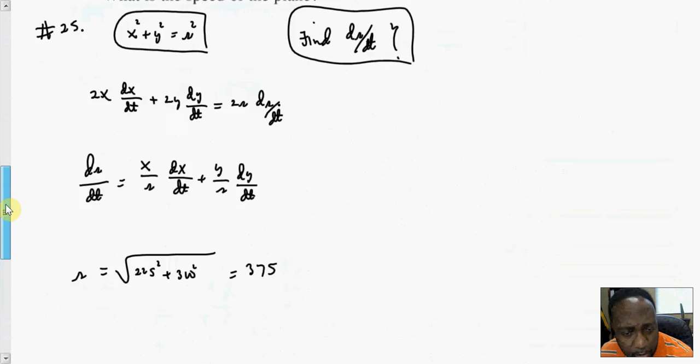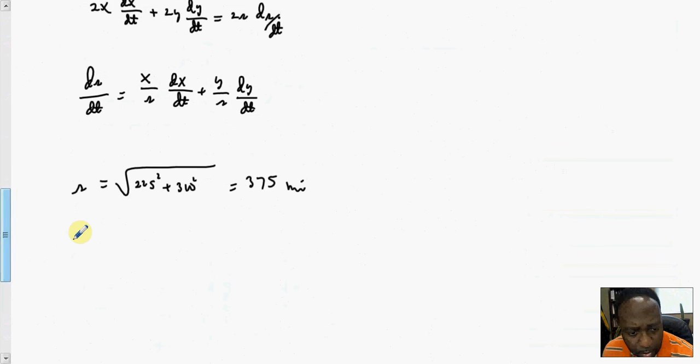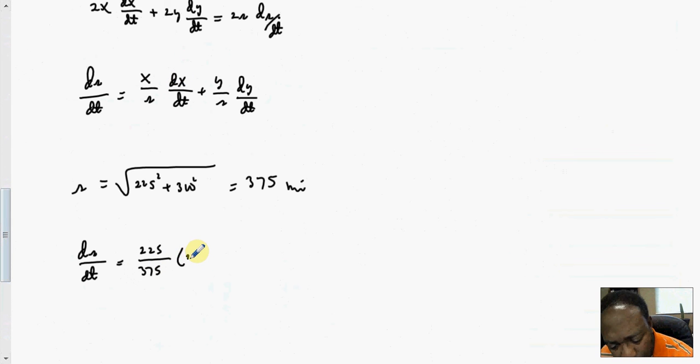And what are we talking about? Is this in miles? Yes. So we can calculate ds over dt. So this is x over s. X is 225 over s, that's 375, times the rate of change of x, 225, and it's negative, by the way.